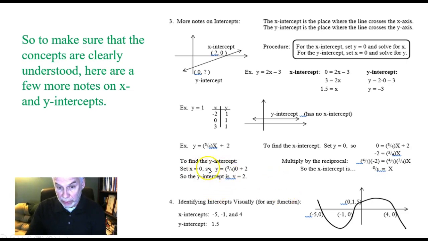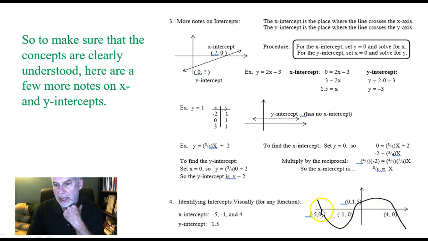The y-intercept, well, just set x to 0, so you have 3/4 times 0 plus 2, and that gives you 2 for the y-intercept. Now, when you get into Math 130 or other math classes, they might have more than one intercept. Like in this picture, there's actually 3 x-intercepts.